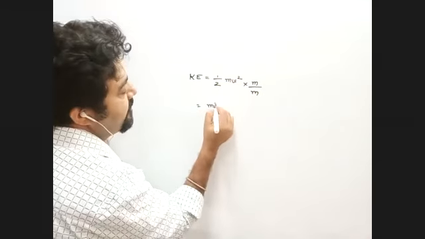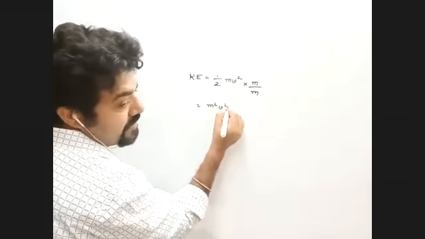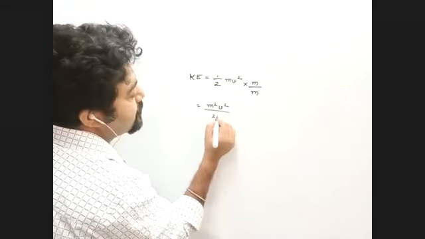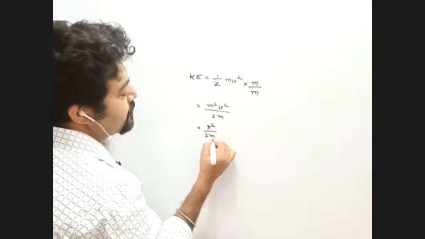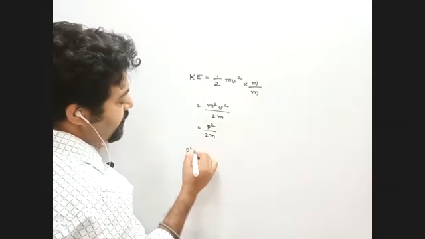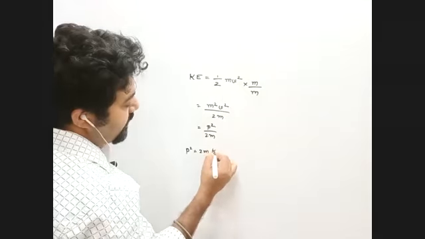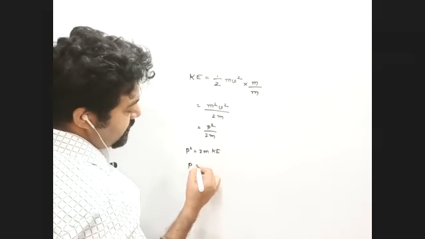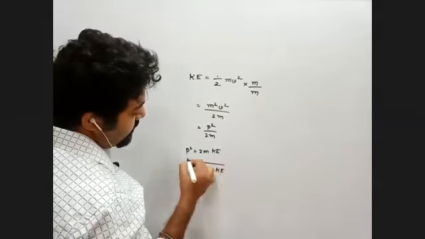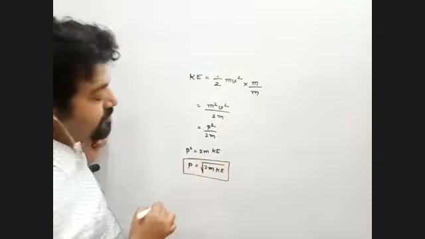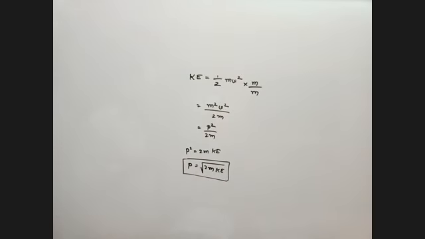So we have m square v square by 2m, which is p square by 2m. So p square is 2m kinetic energy, p equals root under 2m kinetic energy. This is the relation between momentum, mass and kinetic energy.